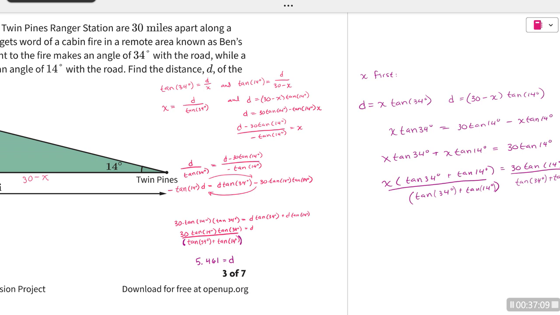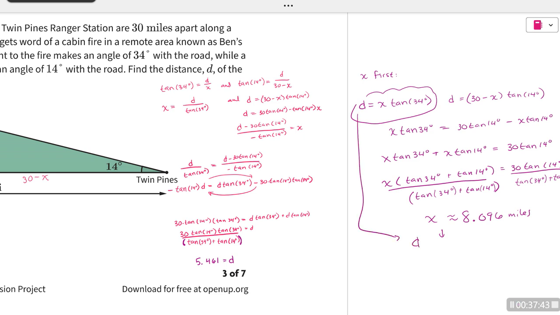Then we just go ahead and pop that right into our calculator to get x equals about 8.096, 4, 9, and so on. So that's our miles for x, which we could then use. I'll start with this one right here.